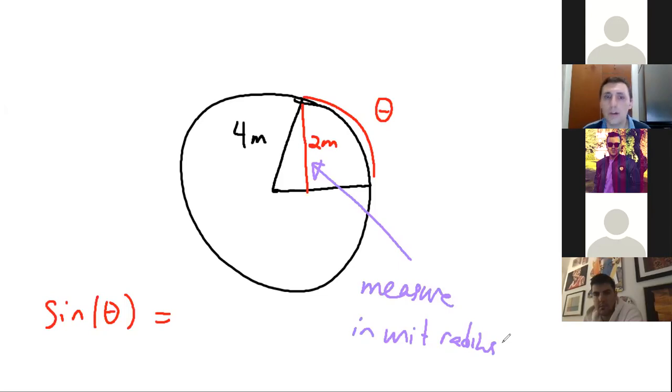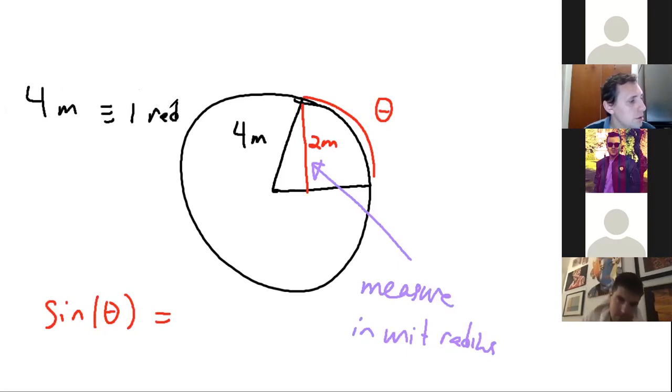You see? So we know that 4 meters is 1 radius, right? So that means that 1 meter equals 1 divided by 4 radius.